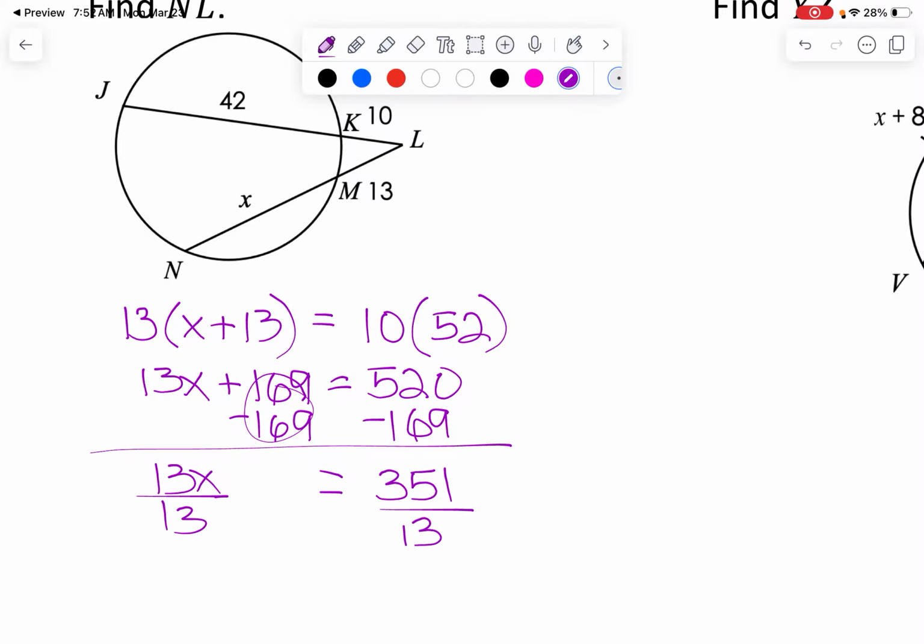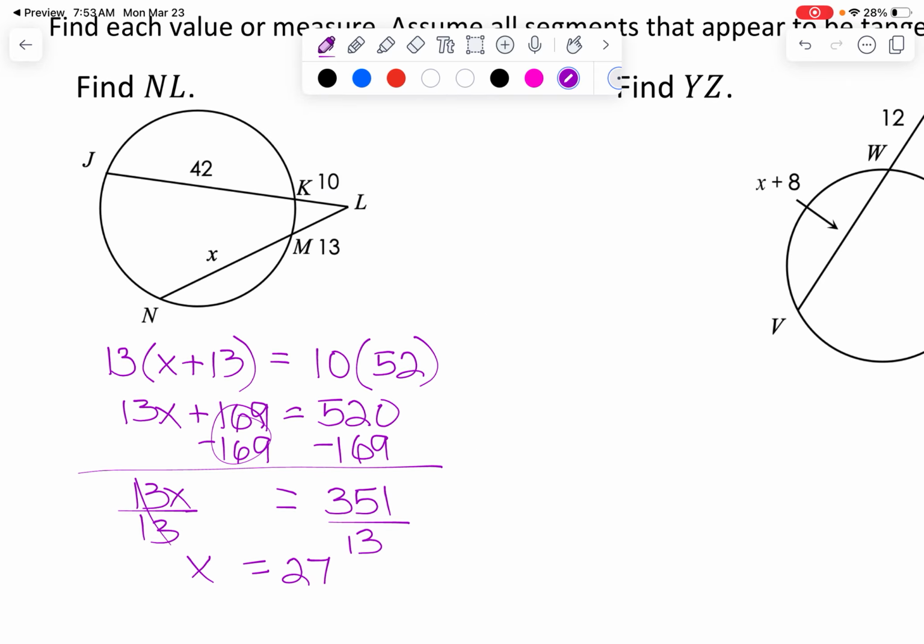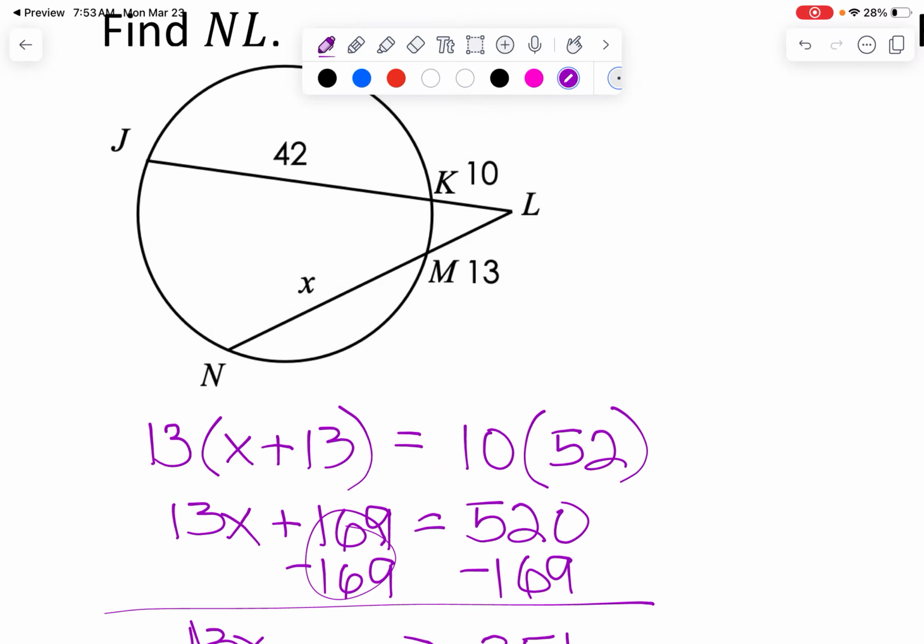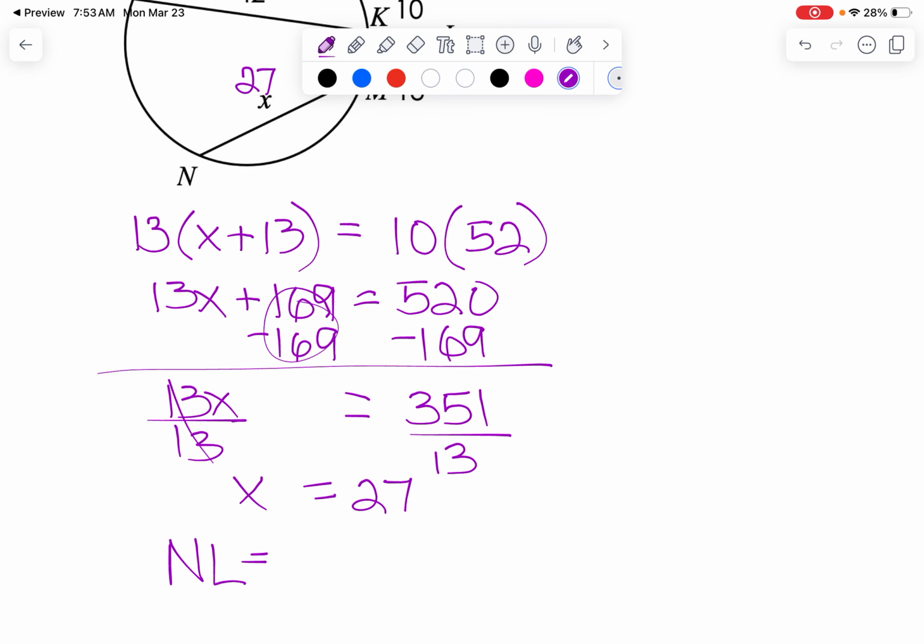And divide, we get 27. Now we want to find NL. So now I know that x is 27. Sorry, that's the train outside. It's pretty loud. So I have 27 plus 13 for NL. So NL is going to be equal to 40.